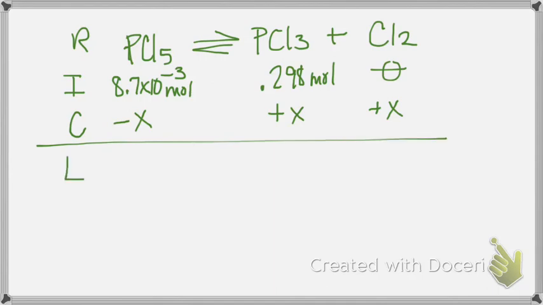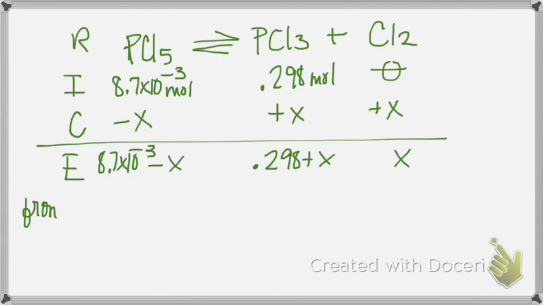I like to put a line there because now we're at the equilibrium concentration. So we would have 8.7 times 10 to the negative 3 minus X, 0.298 plus X, and then X itself. But if we go back and look at the problem, it gave us the equilibrium concentration of chlorine: 2 times 10 to the negative 3 moles.